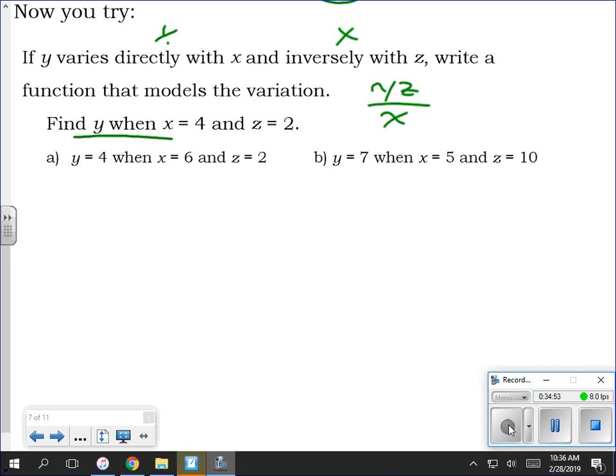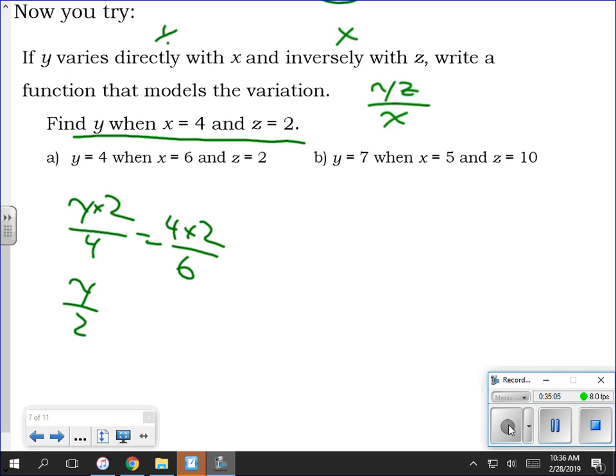And so I have this one here. It's y times z divided by x is equal to y times z divided by x. So y over 2 is equal to 4 over 3. Multiply both sides by 2. Y equals 8/3.